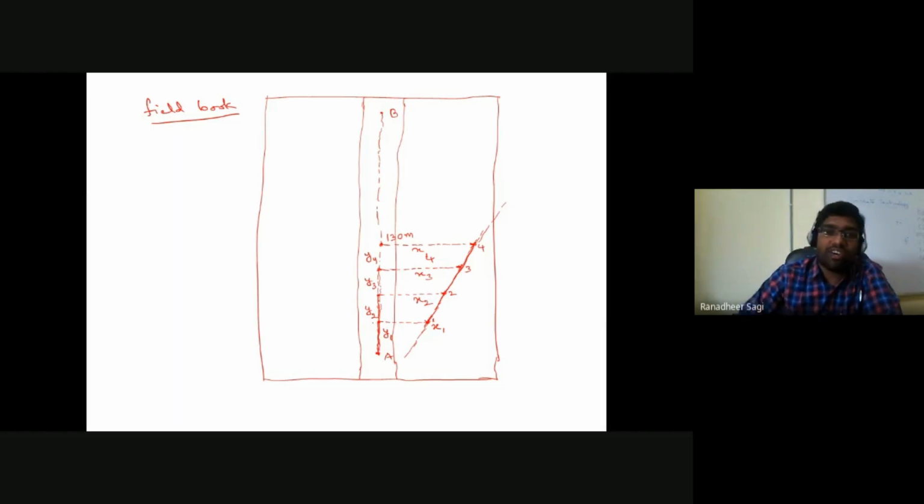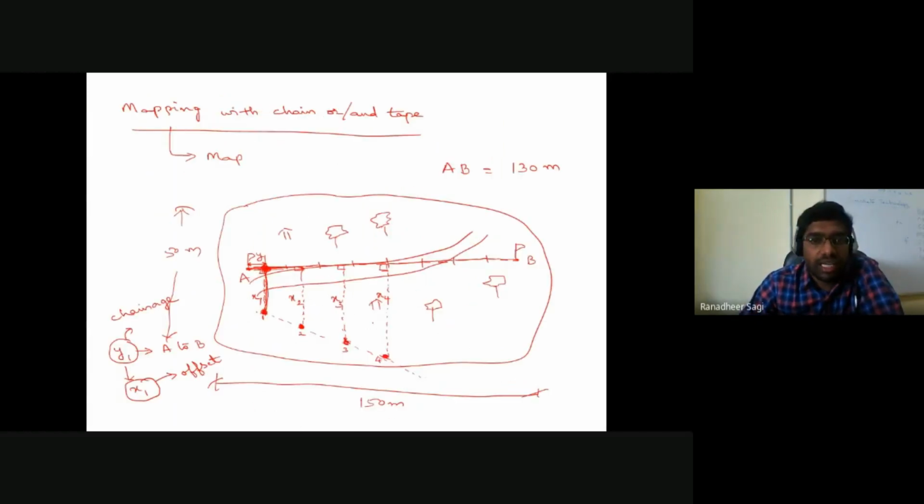Next, what else do I have in my field? Let's say, on the left of this survey line AB, you have the position of this house. So the position of the first house is what you immediately have. Here also, once again, I'll drop an offset from the position of the house onto this survey line AB, and I'll measure this offset distance.